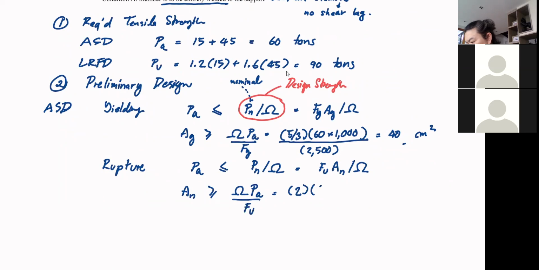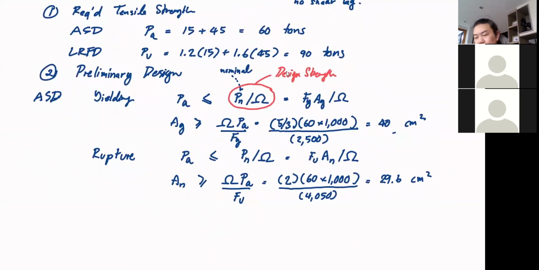The load is the same, right? 60 tons. And Fu this time is 4050. And this turns out to be 29.6 square centimeter.